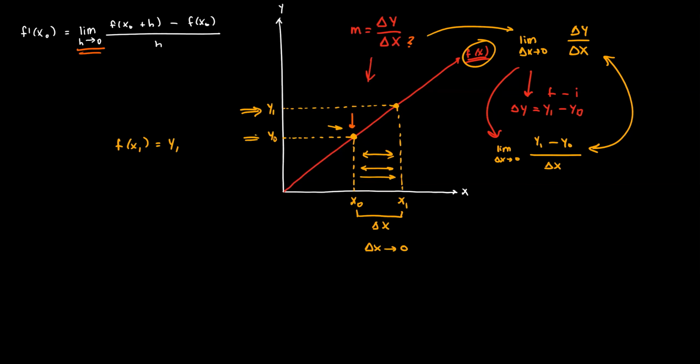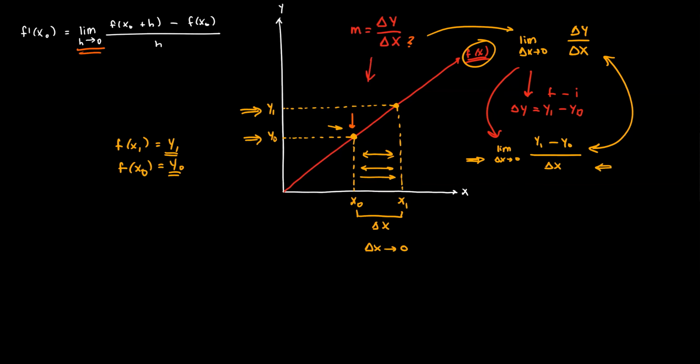And the same thing is going to happen with x naught. If we input x naught into our function, the output is going to be y naught. So now we can rewrite y1 and y naught in our expression over here.